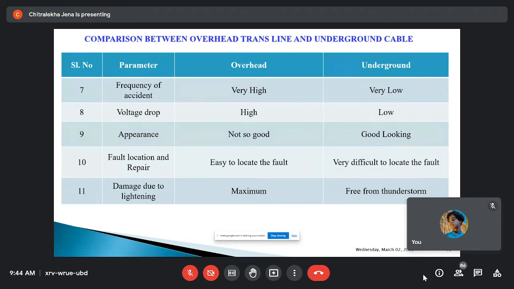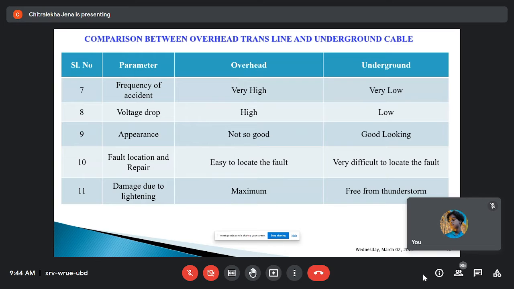So after reading the comparison between overhead transmission lines and underground cable, you got the conclusion that there are some advantages and some disadvantages in both cases. But the conclusion is that a number of advantages we can get in case of underground cable, but still India is lagging behind in using underground cable because of the cost factor.